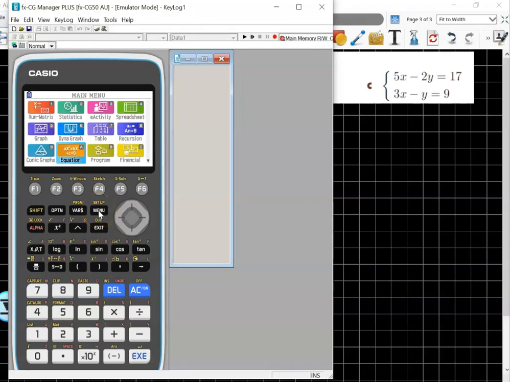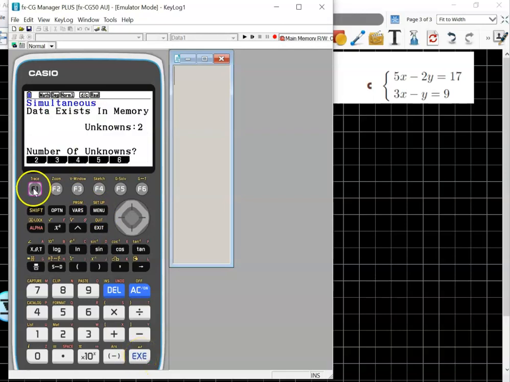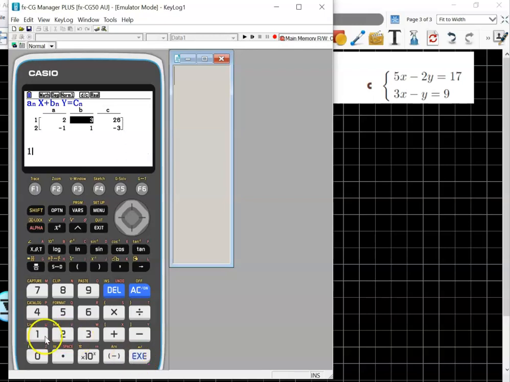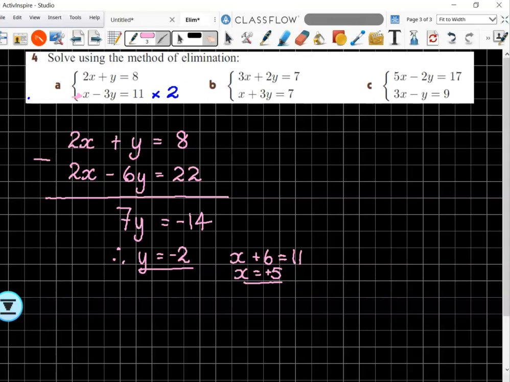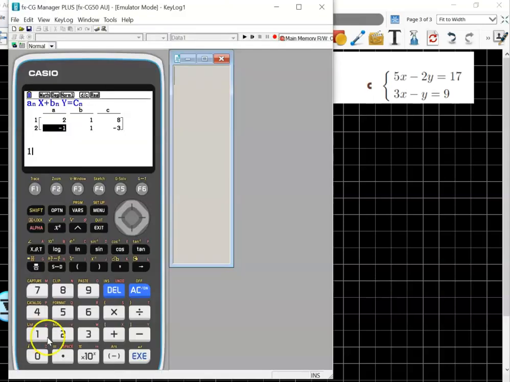So we go into menu, equation, simultaneous. Number of unknowns is 2, and we're going to go 2, enter, 1, enter, 8, enter. What's our other one? 1, minus 3, 11. So we're going to go 1, negative 3, 11. We press enter, enter, and we can see that we were correct. Our x value is 5, our y value is minus 2.